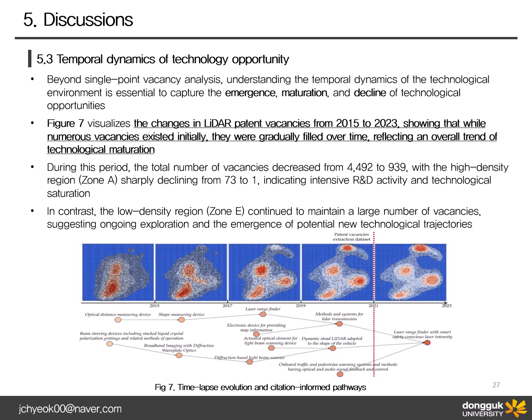During this period, the total number of vacancies decreased from 4,492 to 939, with the high-density regions sharply declining from 73 to 1, indicating intensive R&D activity and technological saturation.